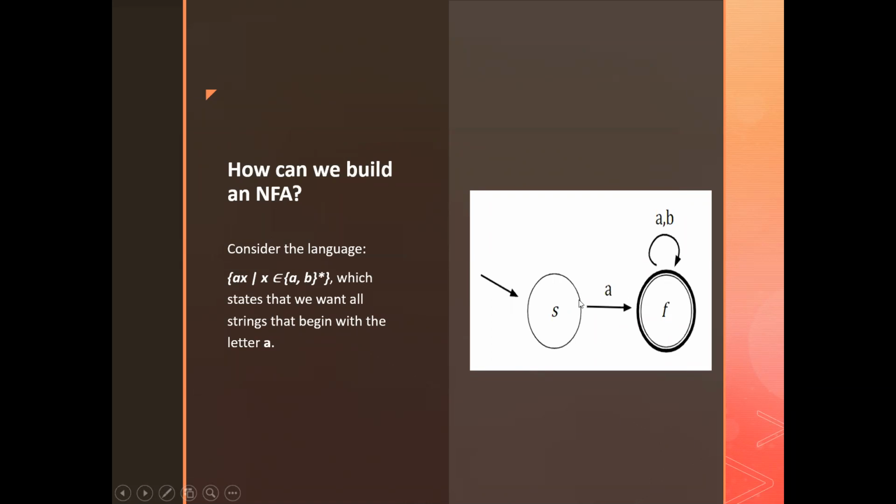Whereas in case of DFA, there was one more transition on B, because it is said that for each state of DFA there should be a transition on each input symbol, right? So here in case of NFA you can see there is no transition on B from this S. So this is how your NFA will look, and you can see that this diagram is simpler than the one we had for DFA.